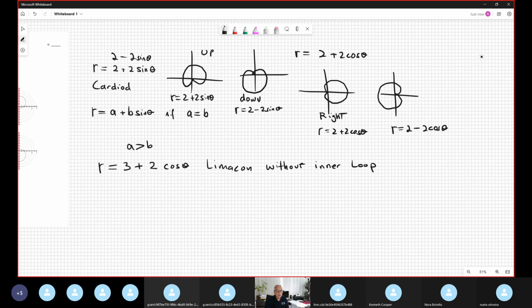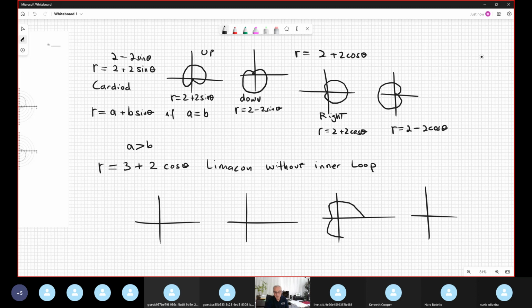The limaçon looks like an apple, you know. But the orientation, let me try it again. Specifically, this one is positive, so in that direction, right? Because it's positive. Open to the right.